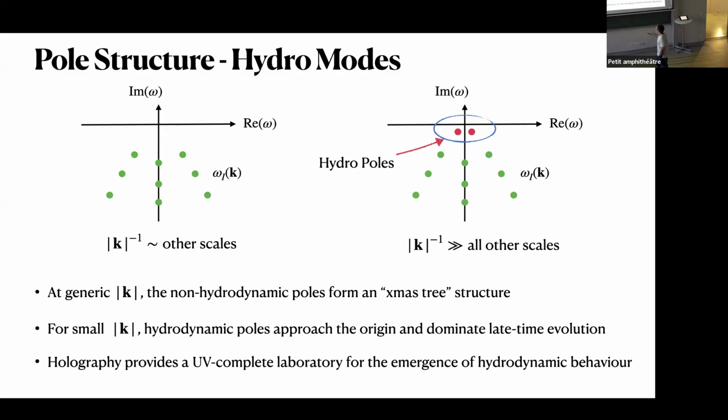When I take k to be very small, smaller than any other scale of the system, or 1 over k, which is the wavelength, to be the largest scale of the system, then some of these poles naturally move close to the origin, and as you can imagine, these will be the hydrodynamic poles of the system. And this is how you witness the emergence of hydrodynamics from the holographic point of view.